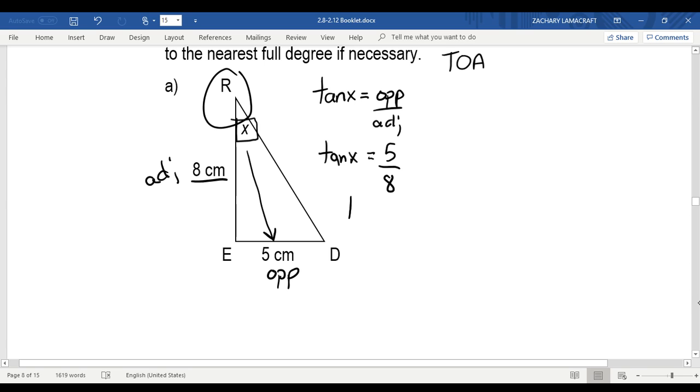And tan X would then be equal to, what's 5 divided by 8? 0.625, okay? So we should be at this point where tan X is equal to 0.625. We now have our ratio, and if we want to find X to the nearest degree and keep X by itself, what do we need to do with that tan?